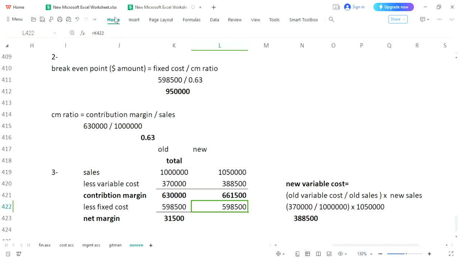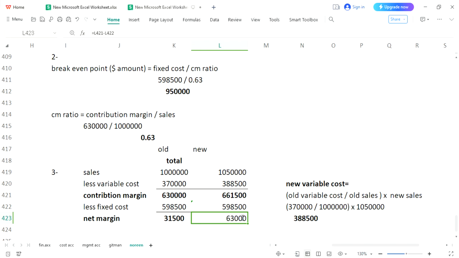All right. And now you will see how to calculate your net margin by subtracting fixed cost from contribution margin. New contribution margin is 6,61,500, and you will subtract your fixed cost, which is 5,98,500.